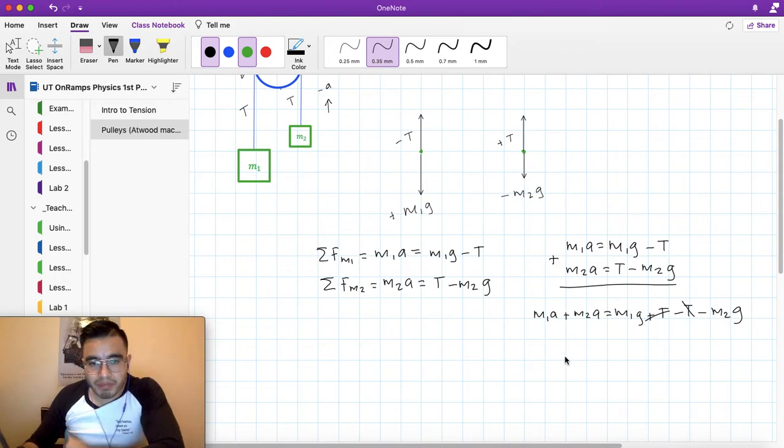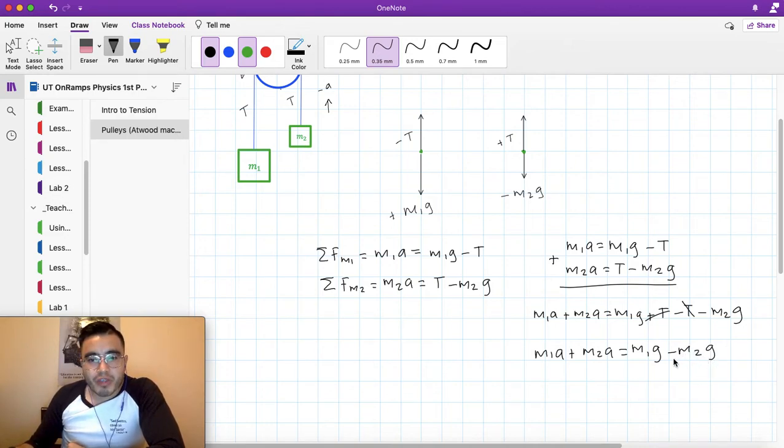Then we'll simplify. We have m1 times acceleration plus m2 times acceleration is equal to m1 times acceleration due to gravity minus m2 times acceleration due to gravity. We're trying to find an expression or an equation which will give us acceleration. And we can factor out acceleration from this side, and we can factor out acceleration due to gravity from the right side.